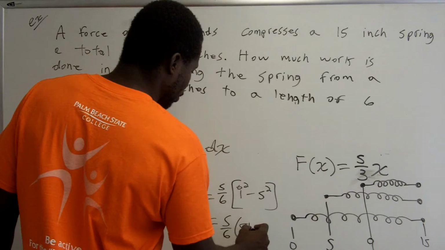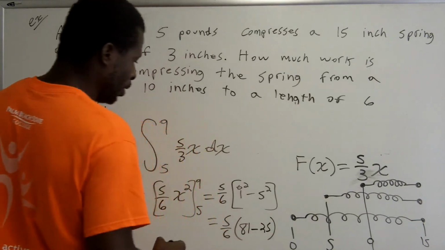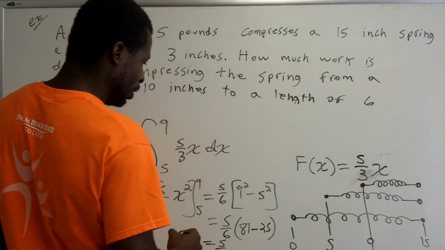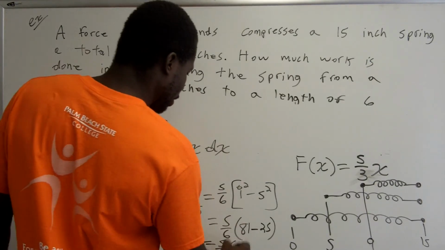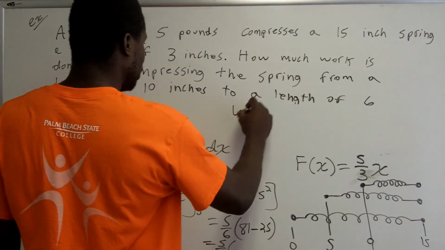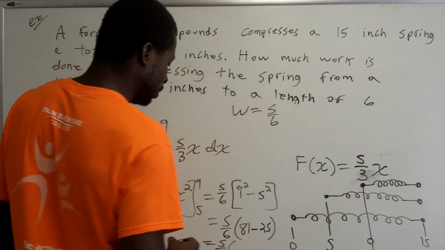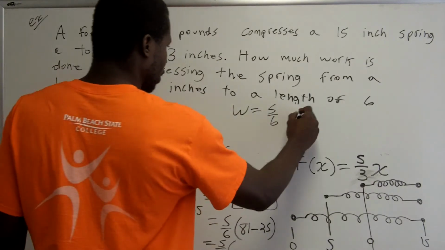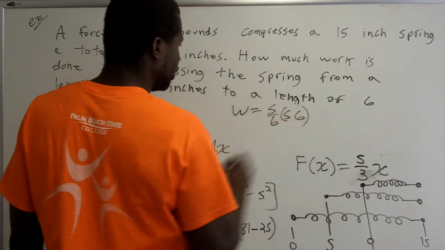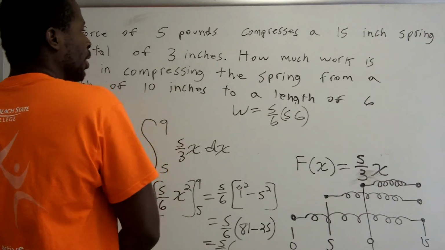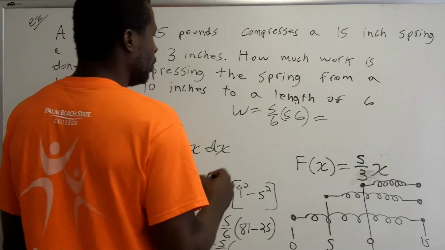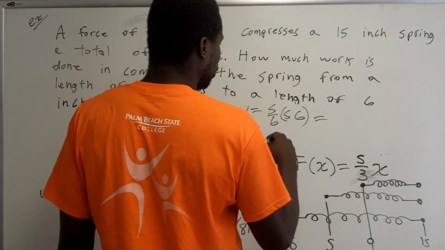And let's see what we get here. This is going to be 5/6, and then we borrow here. The work done by this force is 5/6 times 56, and that gives us, let's see, 2 goes into both of those, right?